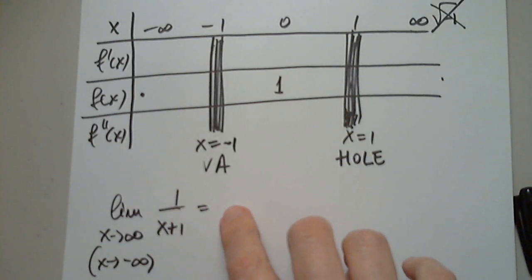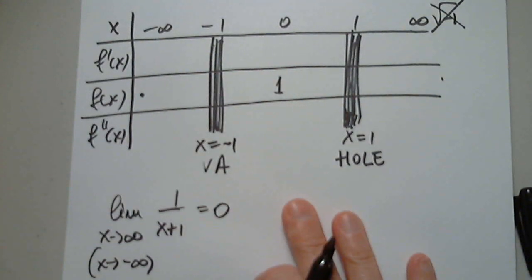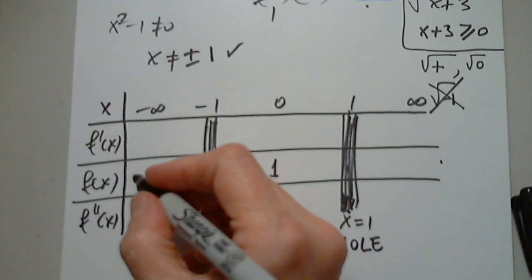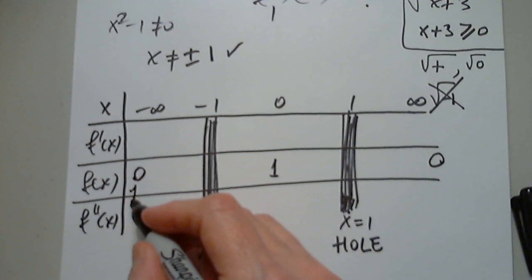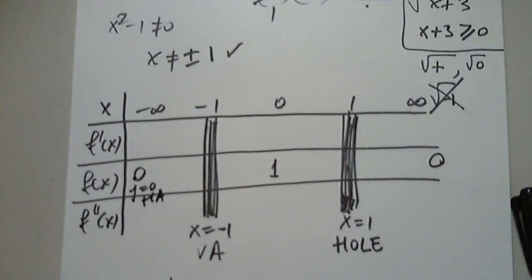One over infinity, where will it go? 0. Thank you very much. Of course, we wrote it 3 times today, right? y equals 0, horizontal asymptote.